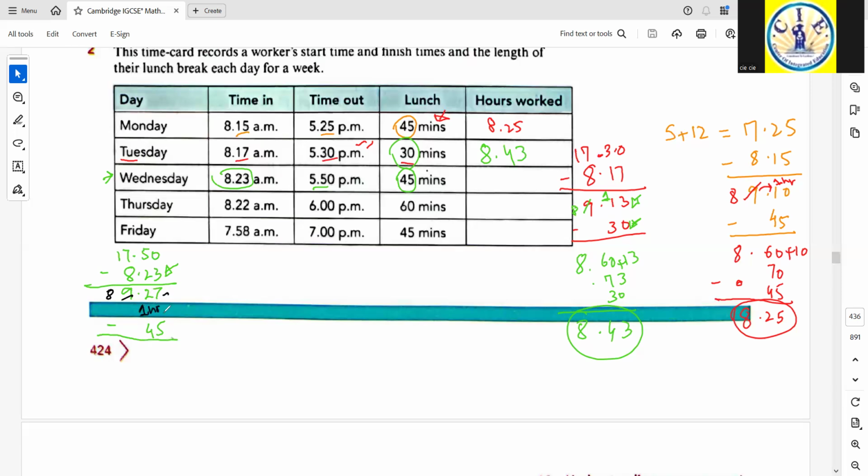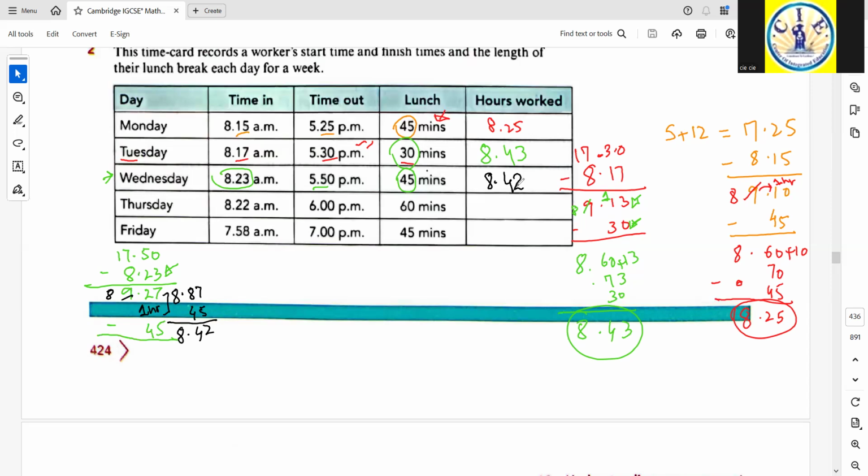So this will give me 87 minutes, and 8 hours is already there. Now I can subtract 45 minutes from this, which will give me 842. So he worked 8 hours and 42 minutes on Wednesday.